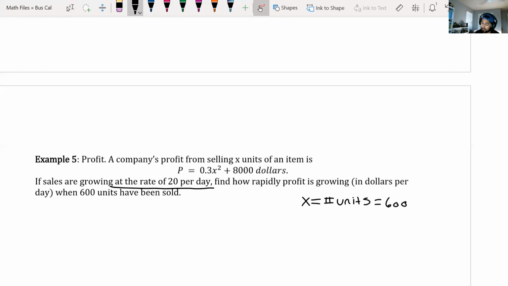That's our rate. So x prime is our unit rate, which means we would have 20. And P is, of course, profit. We are looking for how rapidly profit is growing, so we're looking for P prime, the profit rate or rate of profit.